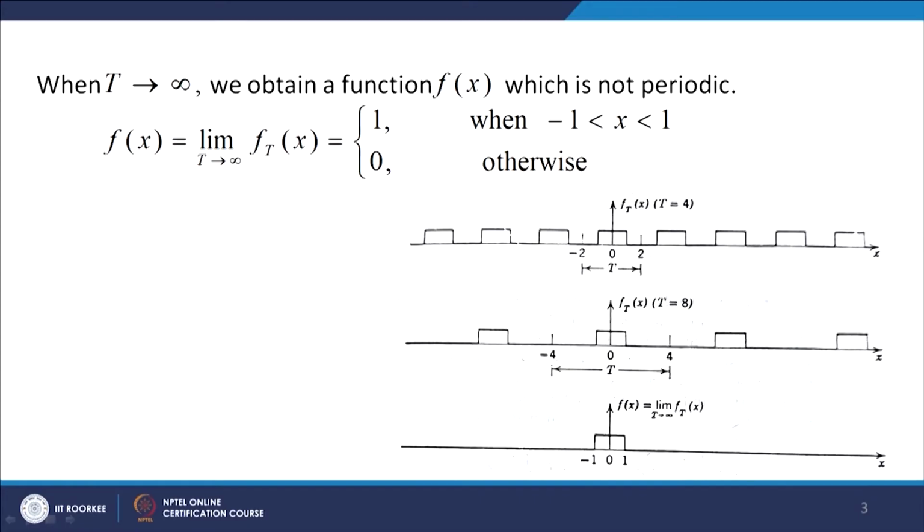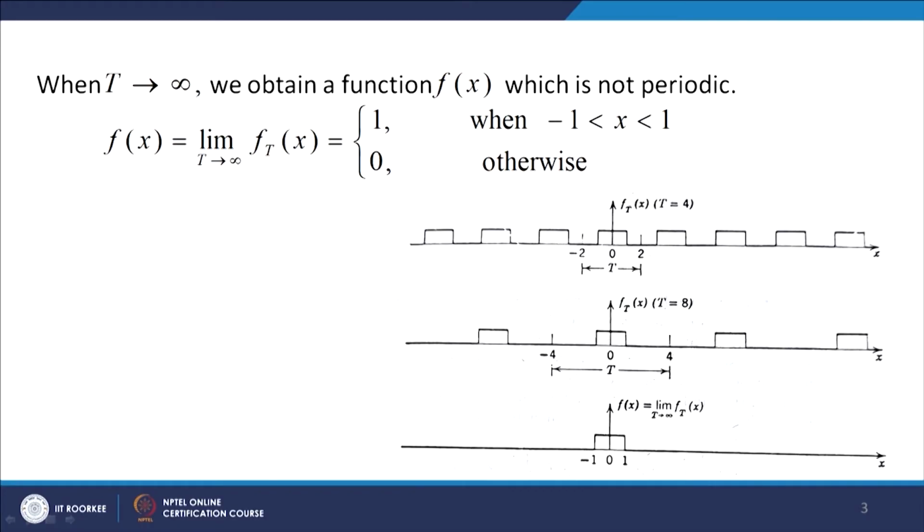You can see it is a periodic function, and in the example we are taking T to be greater than 2. So, let us consider T to be 4. Over the interval minus 2 to 2, you see that from minus 2 to minus 1, f_T(x) is 0, then f_T(x) is 1 from minus 1 to 1, then f_T(x) is equal to 0 from 1 to 2, and it has been extended periodically over the whole real axis using the periodicity T equal to 4.